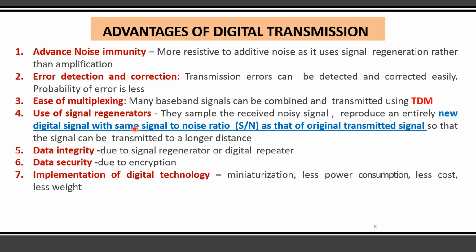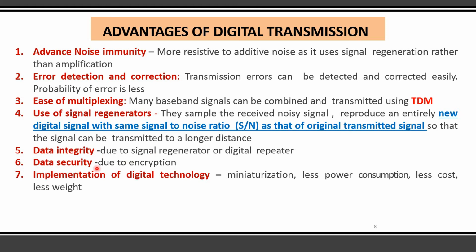That will be recovered by using amplification and also regeneration. This is the specific advantage of a digital communication system. Even when we transmit over a long distance, the degradation will be very little in digital communication. So data integrity is also more in digital communication.